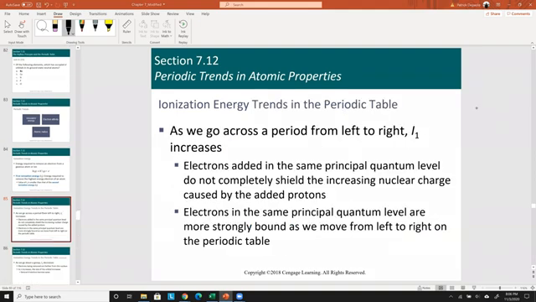As we go from left to right, the ionization energy increases. The reason why this happens, as you add electrons to the same quantum level going across the table, all we know is that nonmetals like to gain electrons, but we don't exactly know why. But this is why.